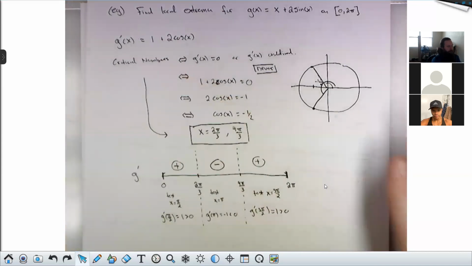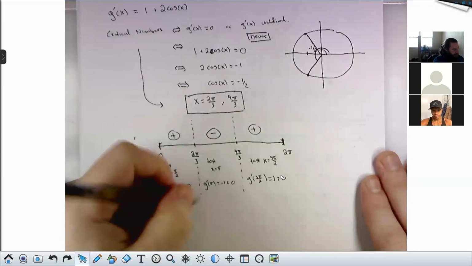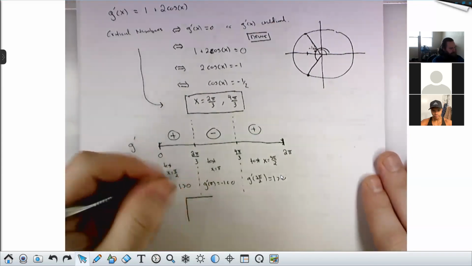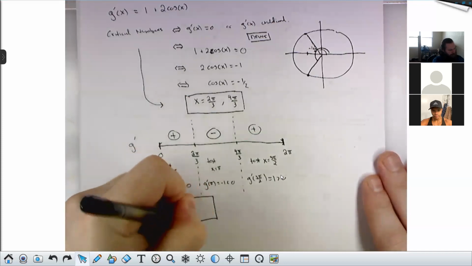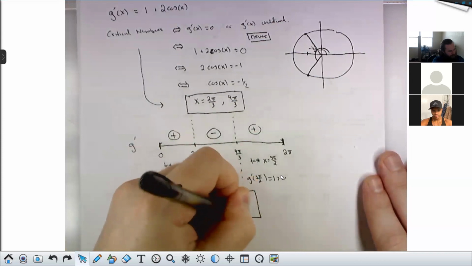So here we are. I know that G is increasing from 0 to 2 pi over 3, decreasing from 2 pi over 3 to 4 pi over 3, and increasing from 4 pi over 3 to 2 pi. Specifically, what must be going on right here? And what must be going on right here?